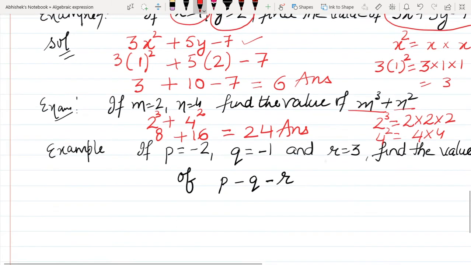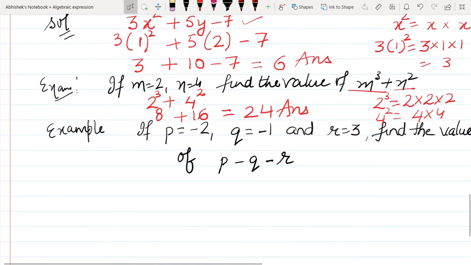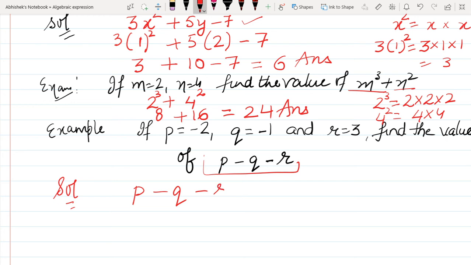So let's understand one more example to find the value of an algebraic expression. Look at this. We have the algebraic expression p minus q minus r. When you have a negative sign in front of any number or variable, just keep it in brackets. It will help us tackle two signs at a time.